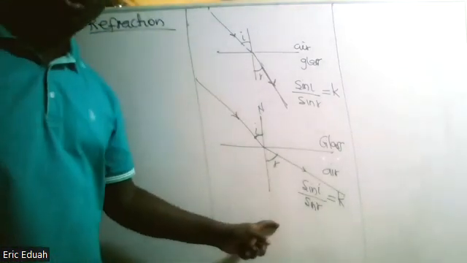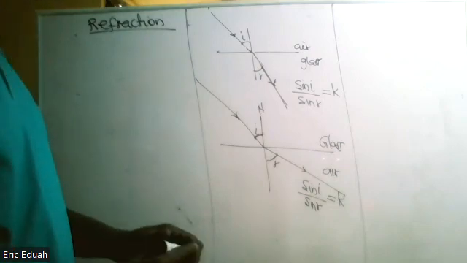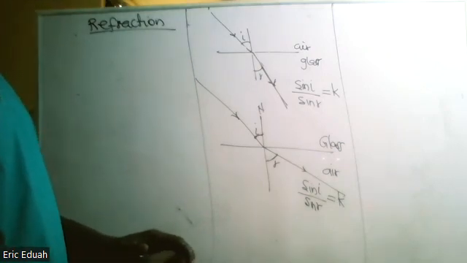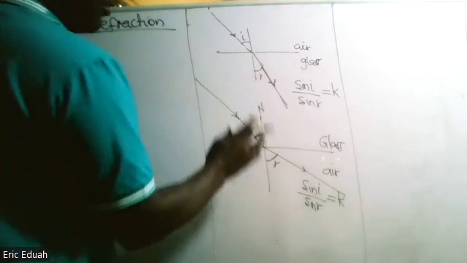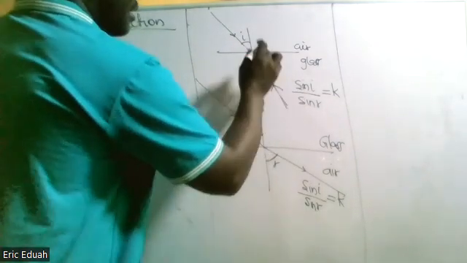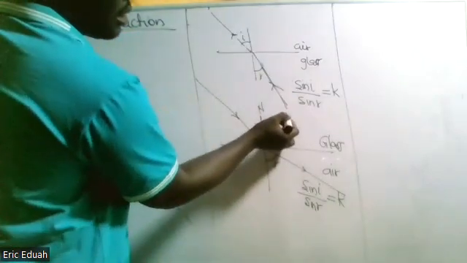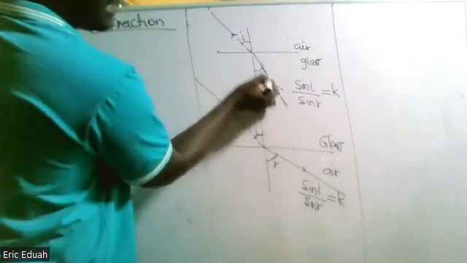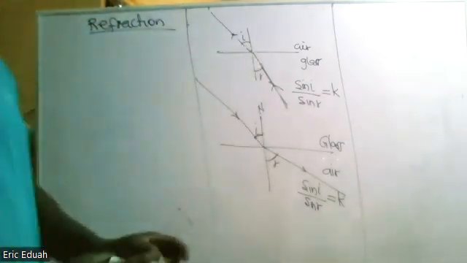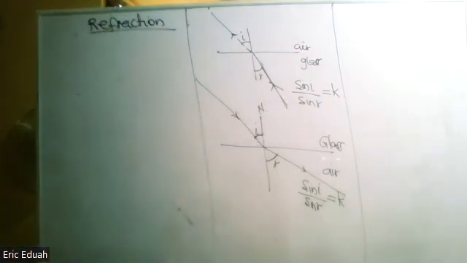And this is what we call Snell's law. Please do not forget that the principle of reversibility also happens here. When you reverse the path this way, or the direction of it, it will take the same path in both cases. So the principle of reversibility also occurs here.